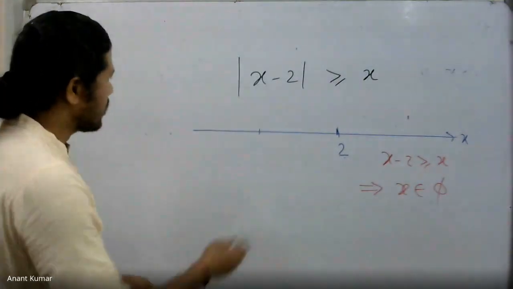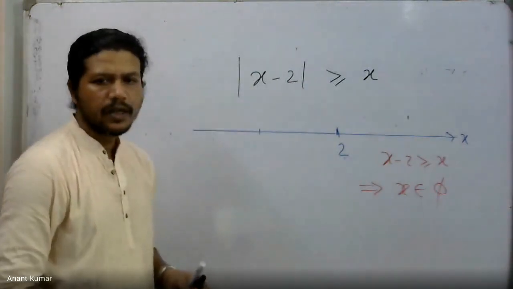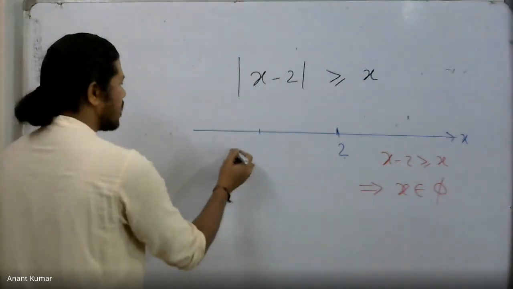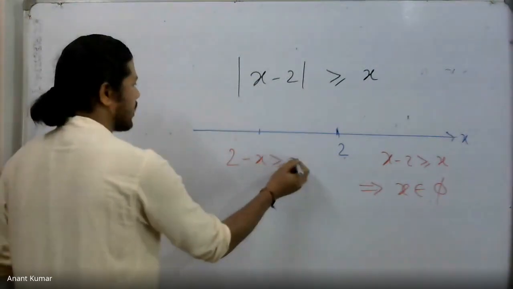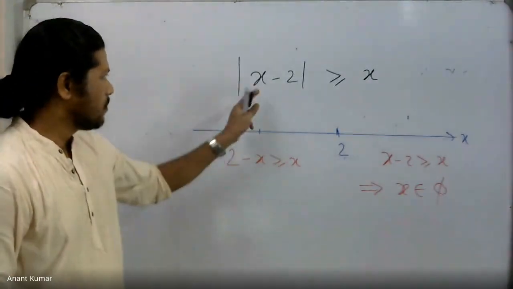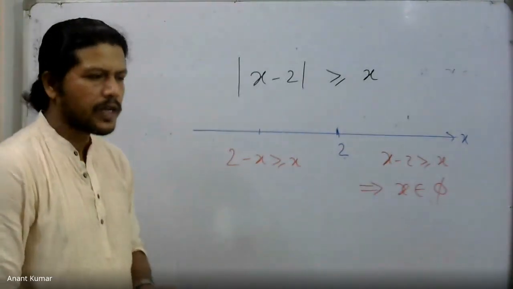And therefore, when you come to the left side, on the other side, x minus 2 is going to be negative. So for this side, the inequality turns out to be 2 minus x more than or equal to x, because the mod of x minus 2 becomes minus of x minus 2, which is 2 minus x.